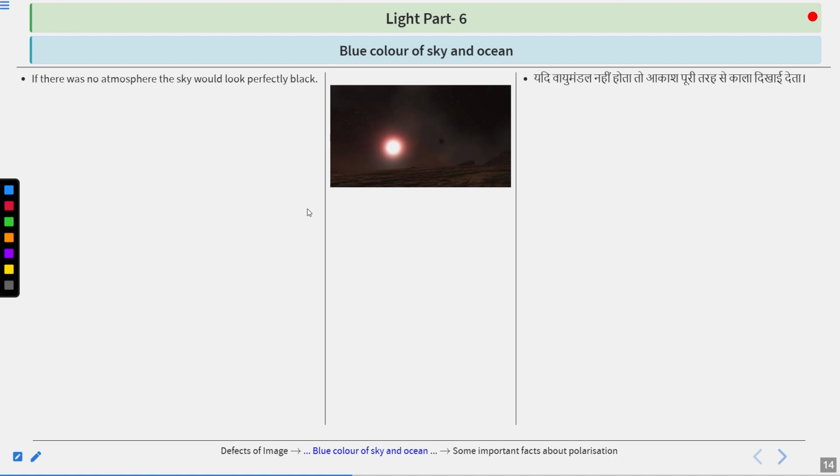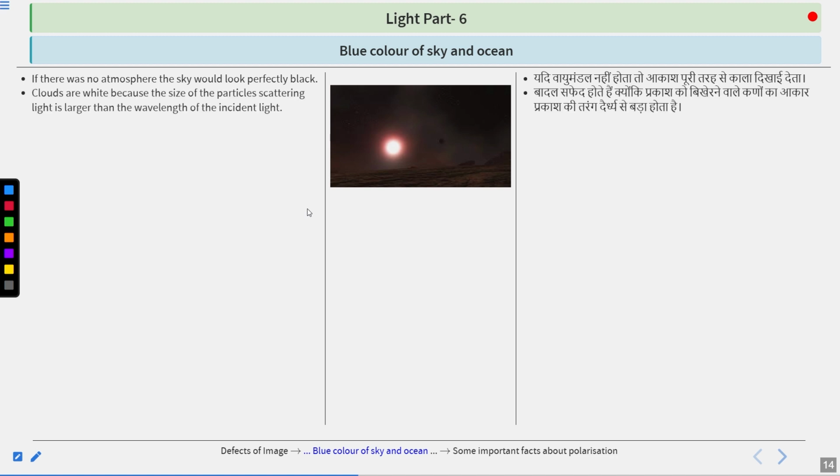If there was no atmosphere, the sky would look perfectly black. Clouds are white because the size of the particles scattering light is larger than the wavelength of the incident light. So the incident light is not divided into its components. It appears to be one incident ray. The white light falls on the clouds and the entire light is reflected back.